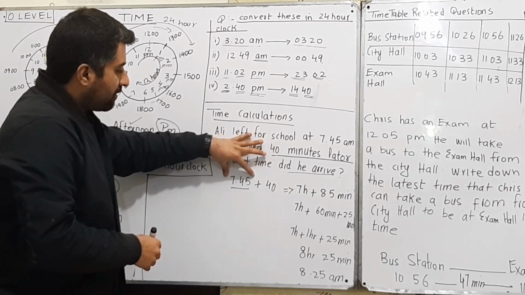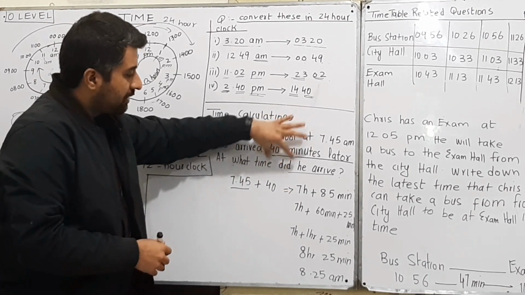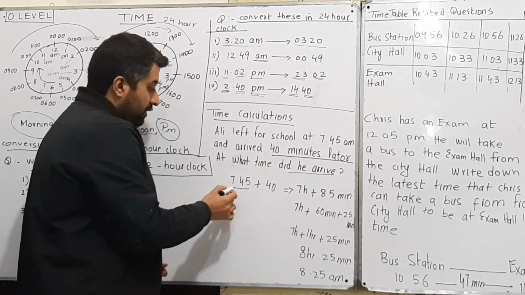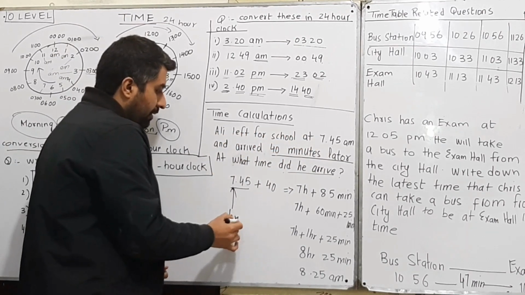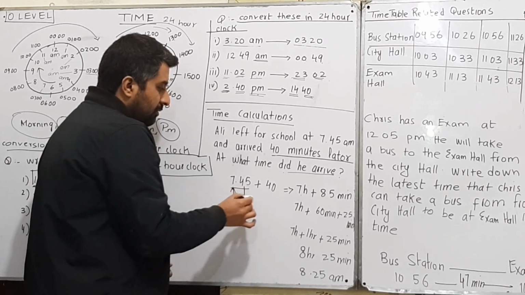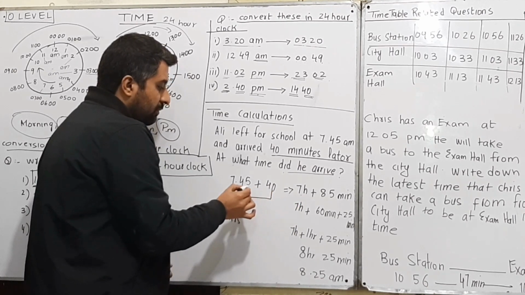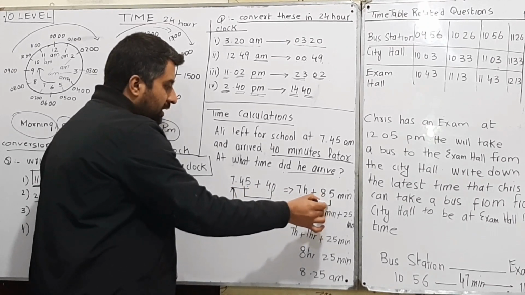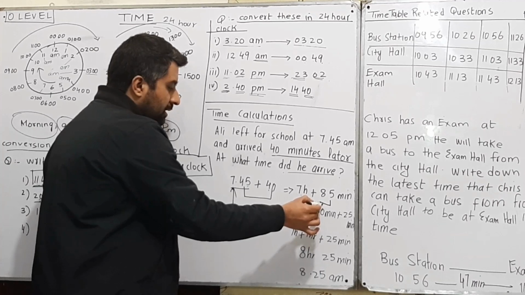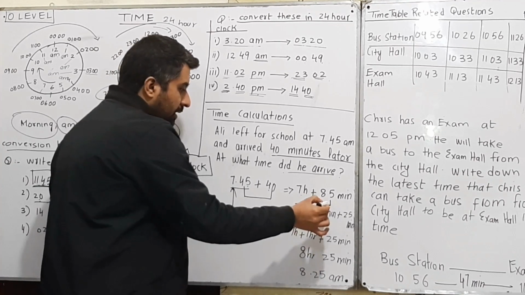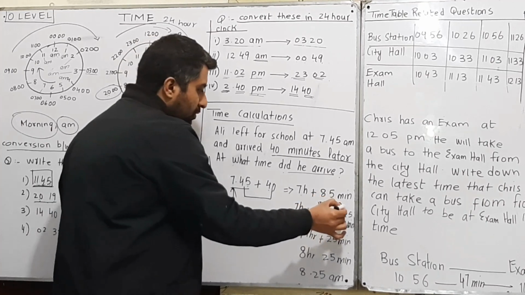So 7:45 plus 40 minutes will be 7 hours. Now this is hours. So 7 hours. Now 45 is minutes, 40 is also minutes. So 45 and 40 is 85 minutes. Out of 85, 60 minutes will be 1 hour and the rest of the minutes will be 25.